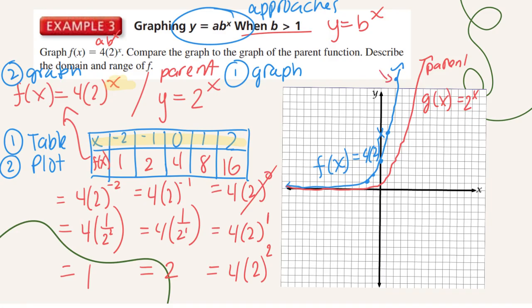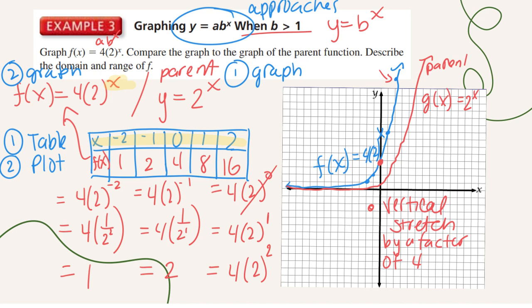What can we tell in this graph? We can tell that this is a vertical stretch. How do we know it's vertical? By a factor of what? By a factor of 4, because this is where it meets at 4, right over here. It's stretched by 4.